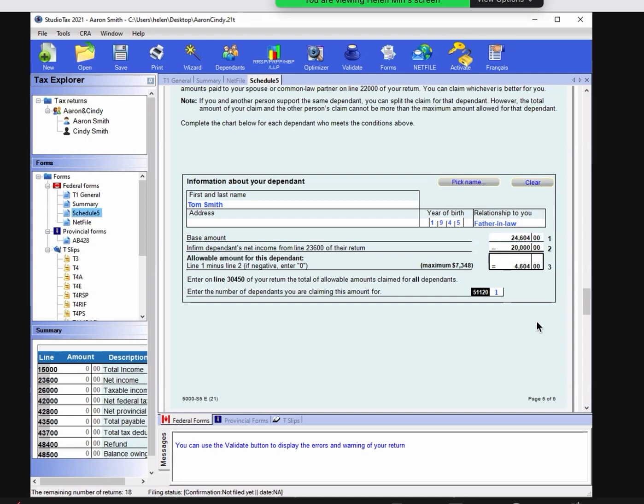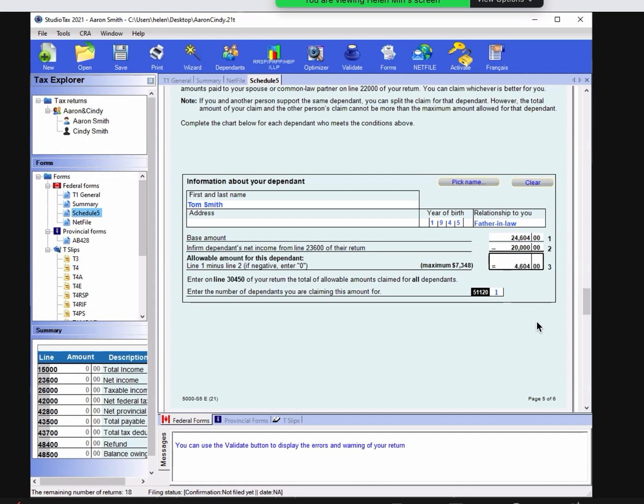Last summer she asked me to help her file Schedule 5, then she didn't answer me, and now she just answered me. CRA asked her to pay this 55, and she thinks it's too high.